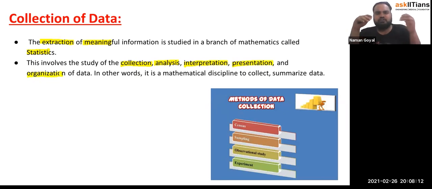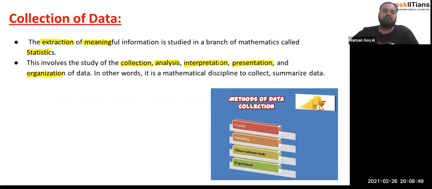If you see cricket matches, the data of every player, every batsman: how many matches they played, how many runs they scored in previous matches, how many 50s they scored, how many hundreds, what the strike rate is, what the average of that particular batsman is. First they collect the data and then they analyze it: the number of matches, then runs, then 50s, 100s, strike rate and average.